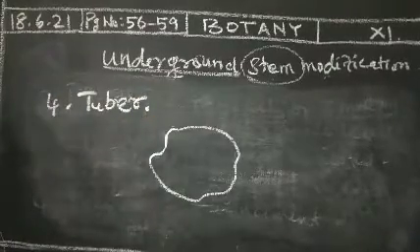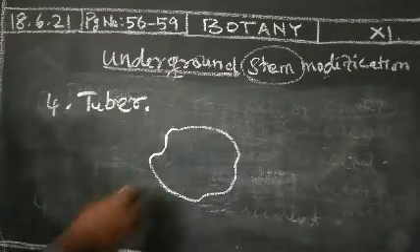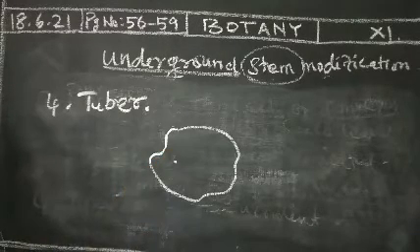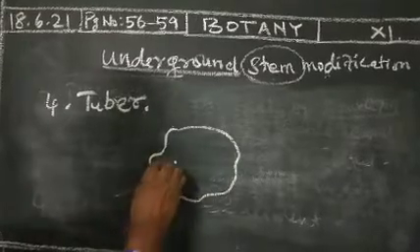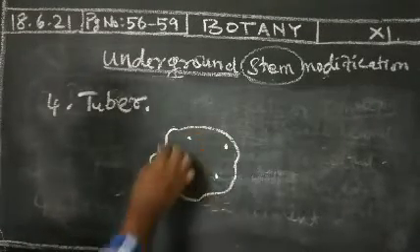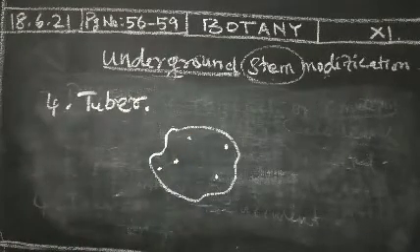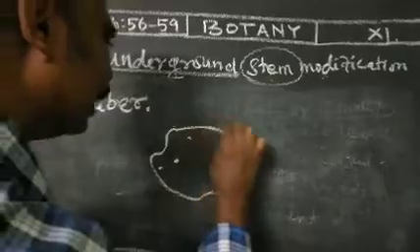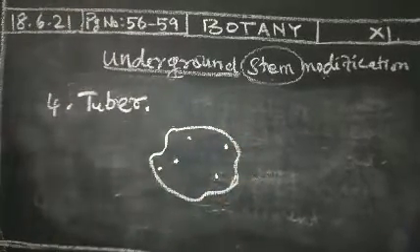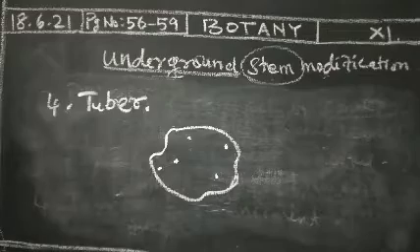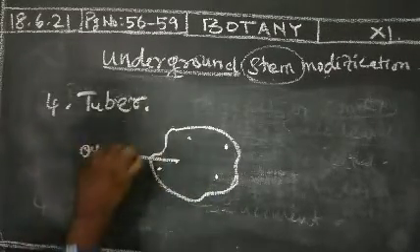Here the tuber is a succulent underground stem modification, spherical in nature, globose in structure, with many embedded axillary buds present. That is called eyes. These are nothing but eyes.